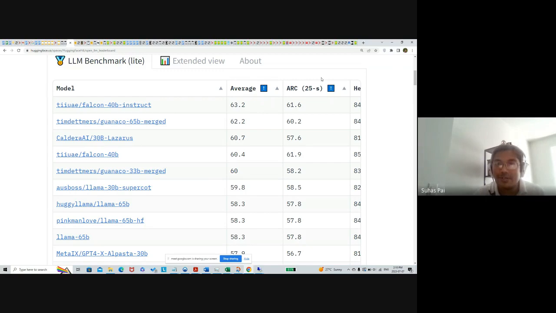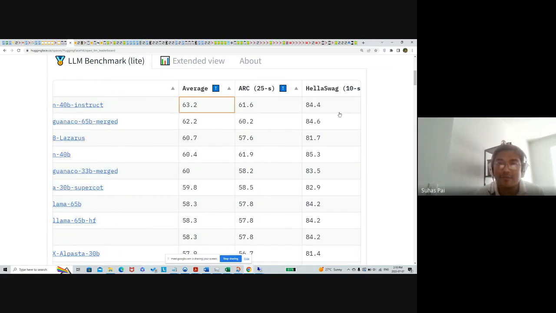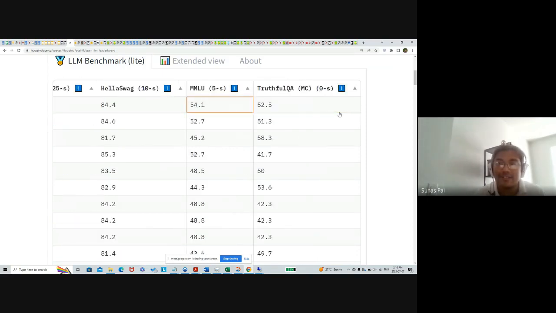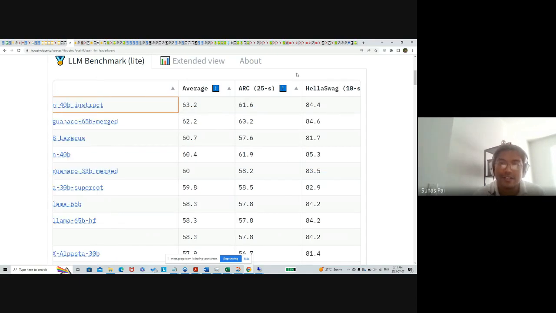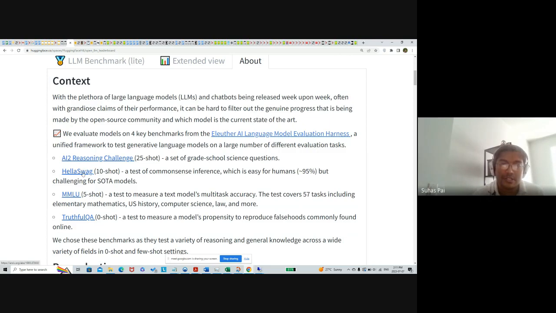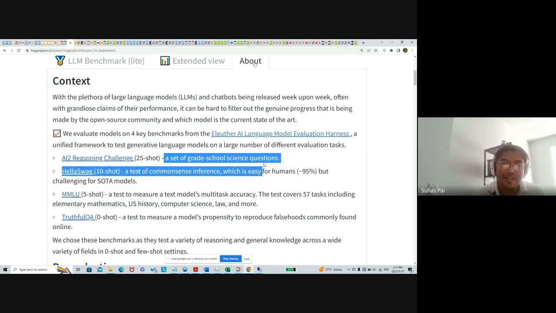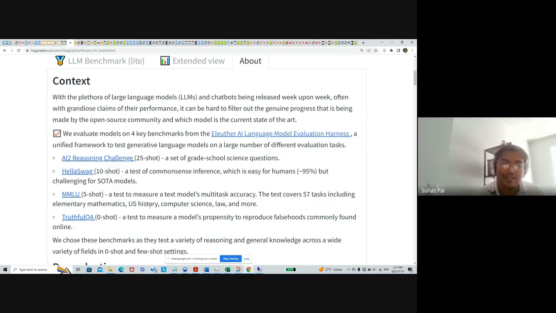It's only taking a few tasks. You can see it's just 4 tasks from the Eleuther AI evaluation harness. For example, MMLU is multiple choice question answering, and so on. Look at this: grade school science questions, common sense inference, and so on.